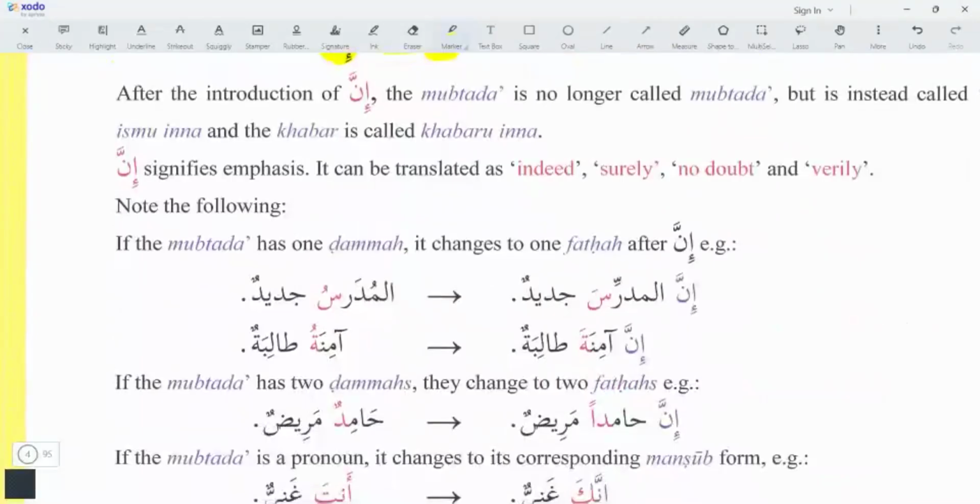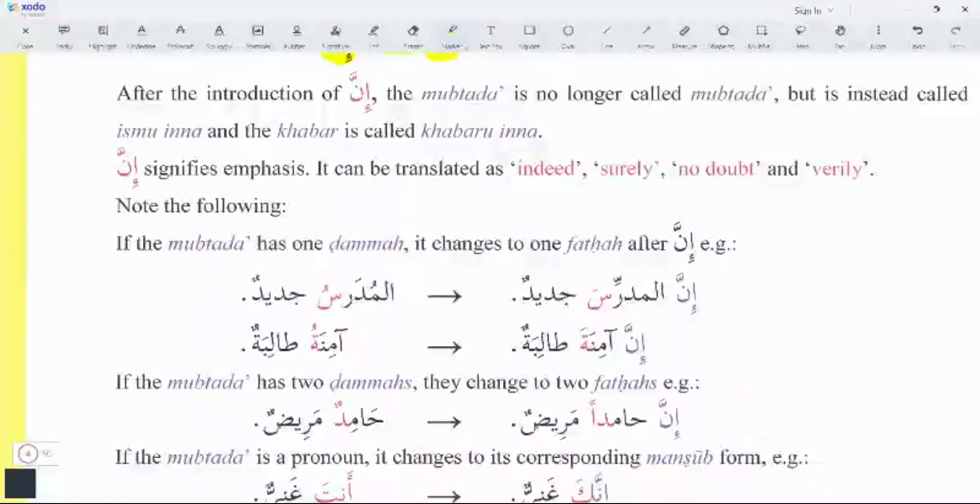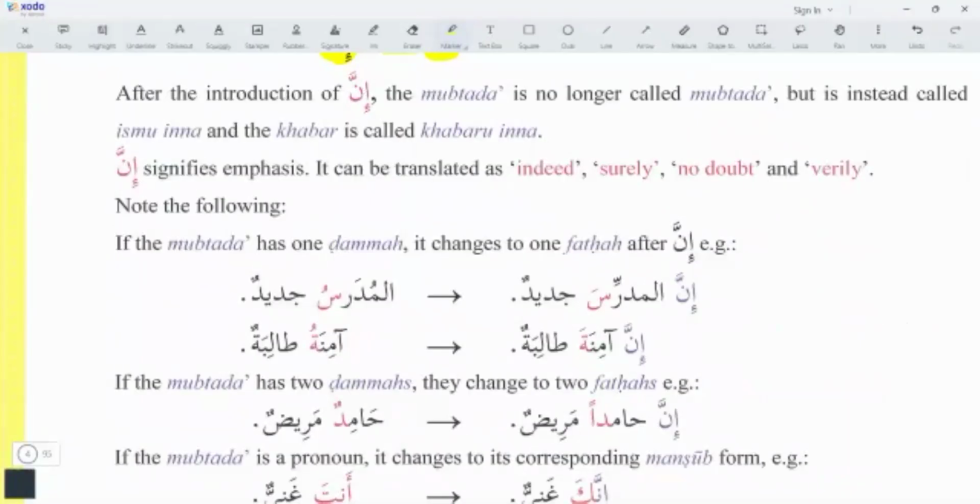When we use inna in a nominal sentence, after entering the inna in a nominal sentence, mubtada is no longer called mubtada.